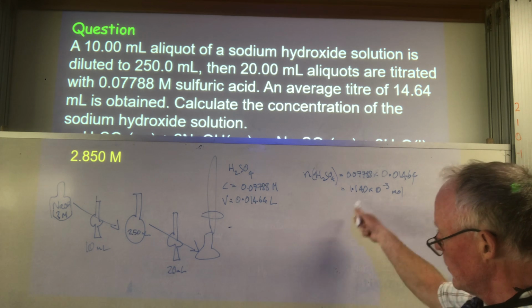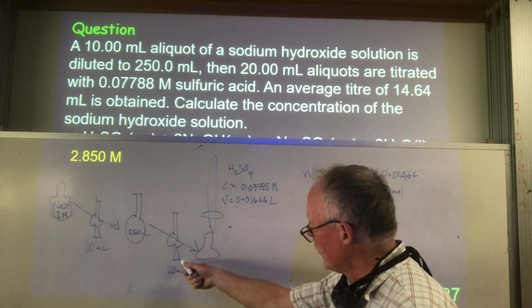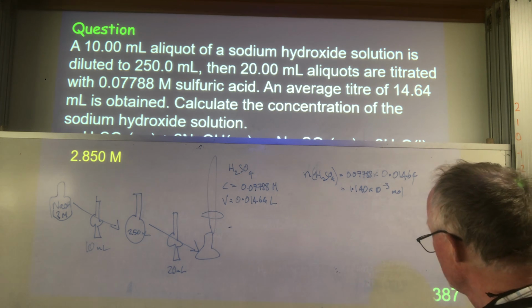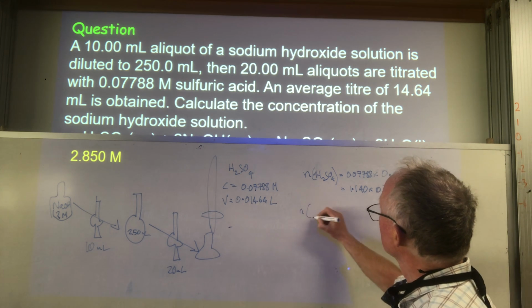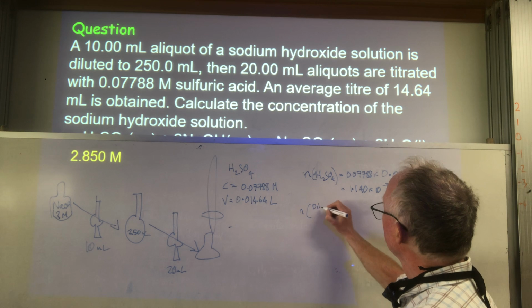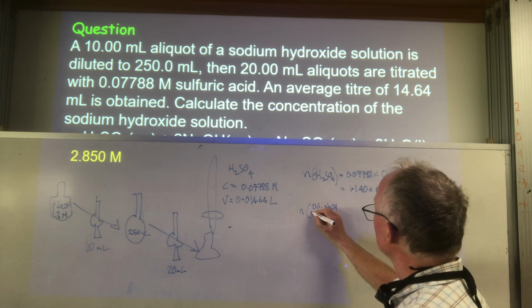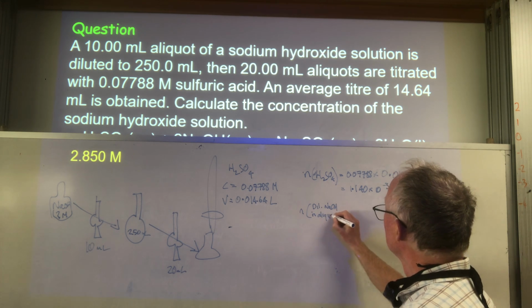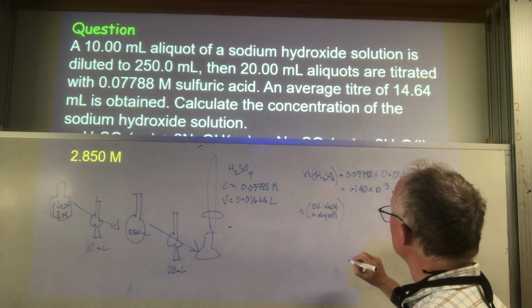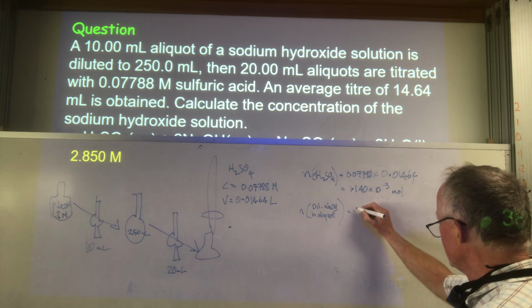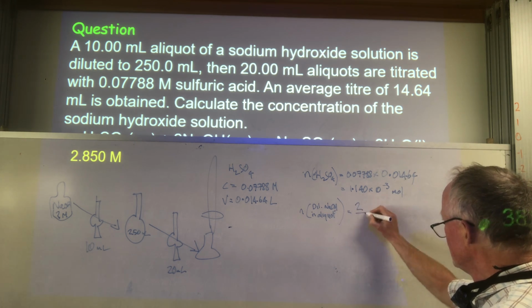So second step is to work out the number of moles of diluted sodium hydroxide in the 20 ml aliquot. What have we got?